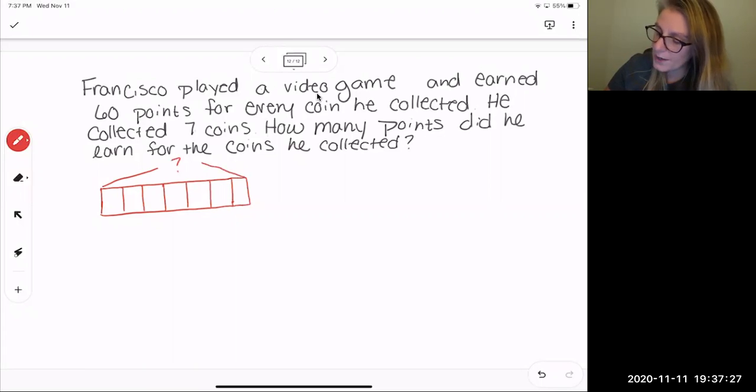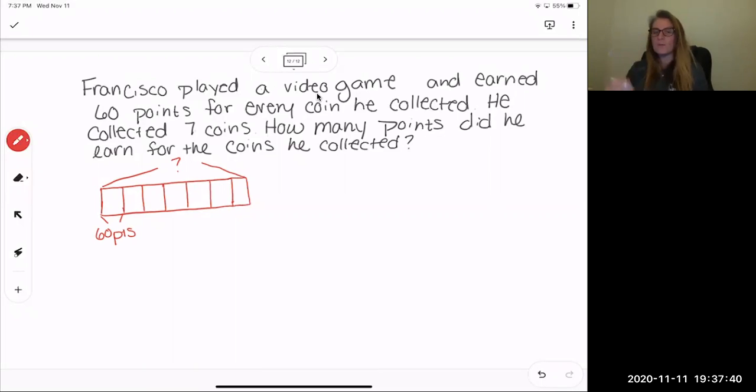If each coin was 60 points, and we have 7 even coins, this whole tape is going to be our total. That's going to be how many points he collected. Each box is a coin, so each box is worth 60 points. So the way we can solve this problem is by multiplying 60 times 7.